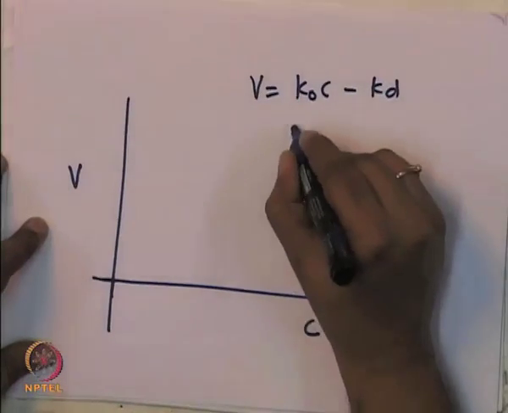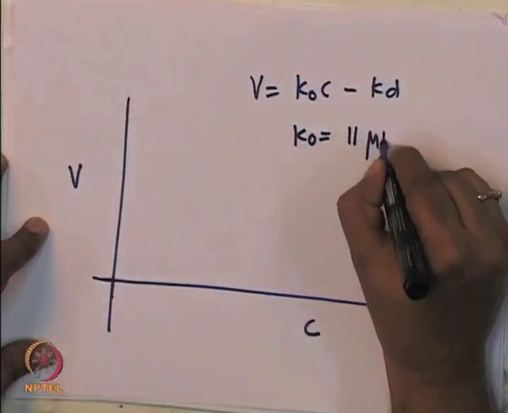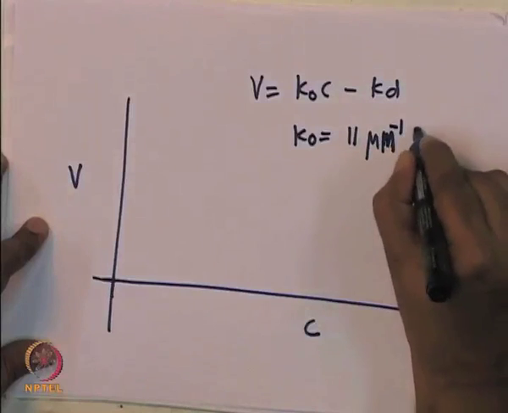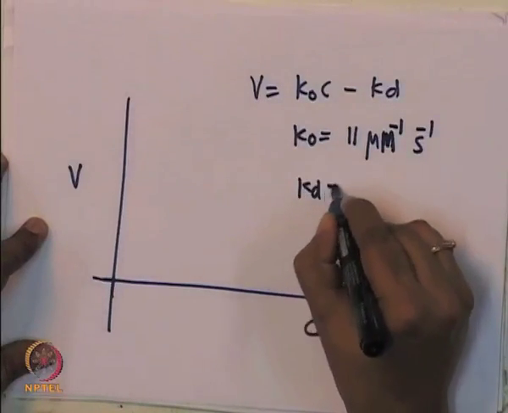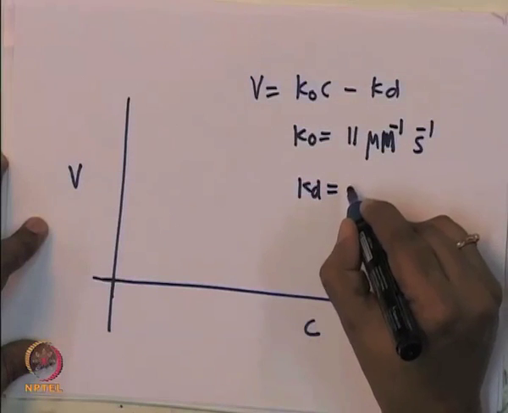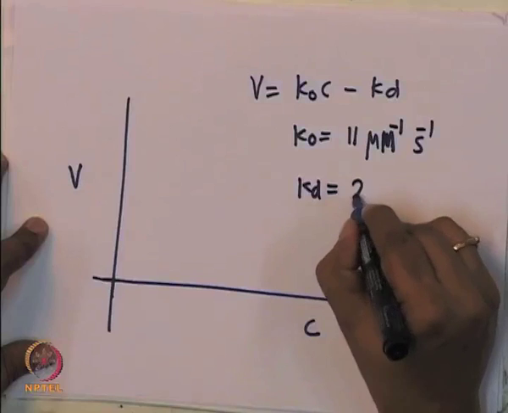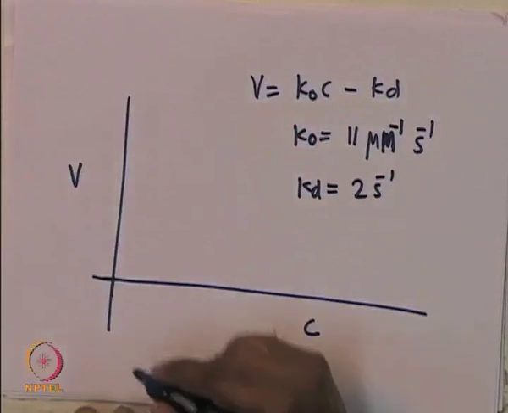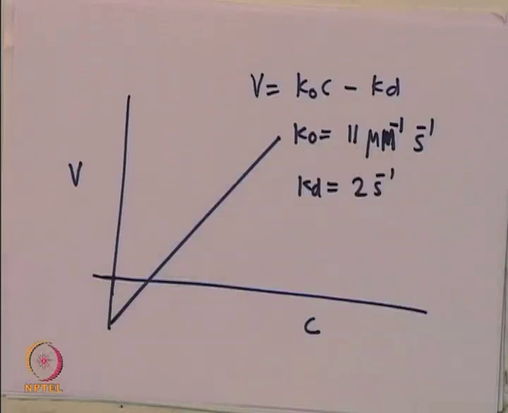It is known that K0 is about 11 per micromolar per second, that is K0. Kd is typically close to 2 per second. So, theoretically what you get is, given these two numbers, you can draw a straight line.